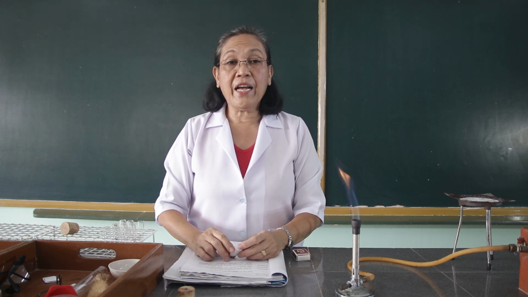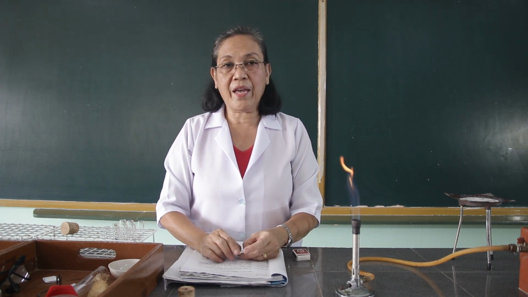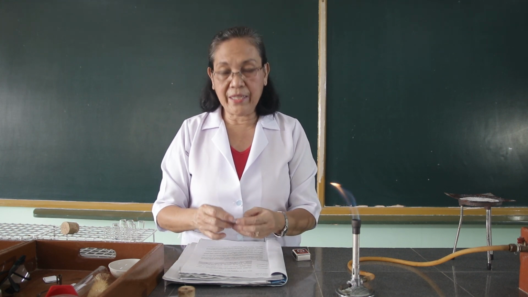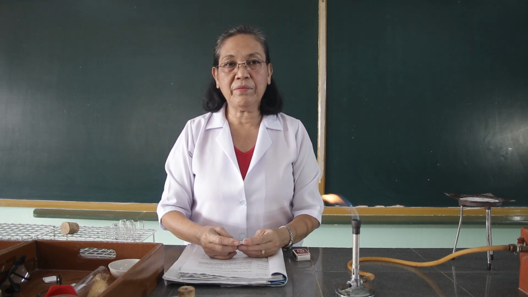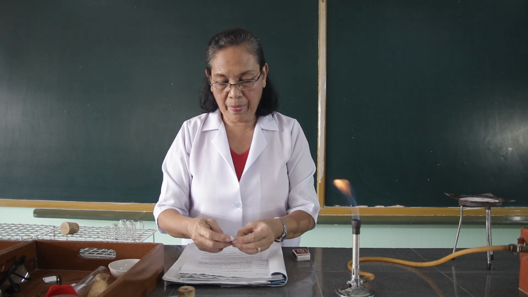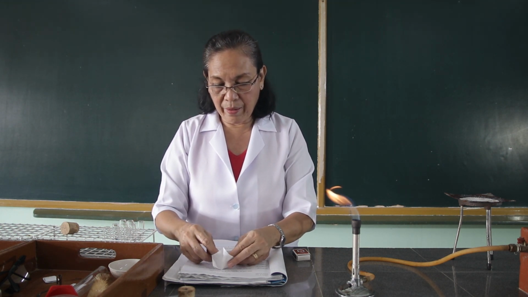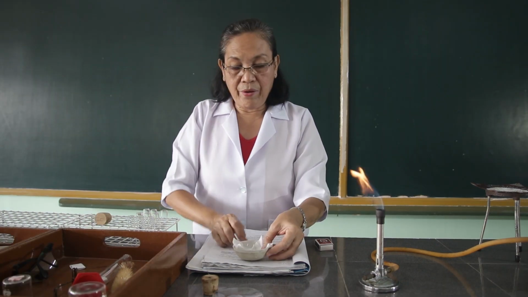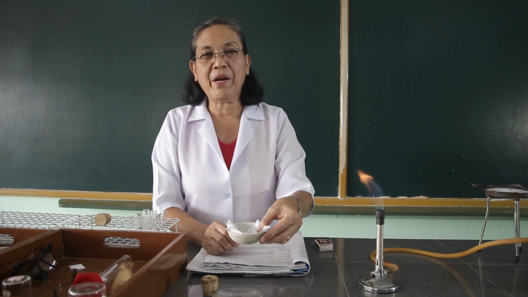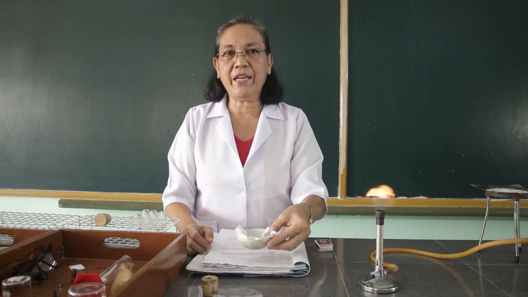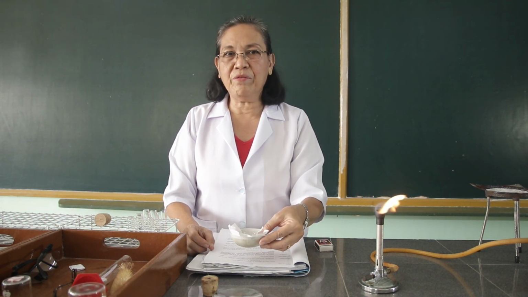The first cation that we're going to analyze is the sodium ion. This is in the form of sodium carbonate. We're going to dissolve this sodium carbonate in 1 ml of water, and also add 1 ml of 6 normal hydrochloric acid.